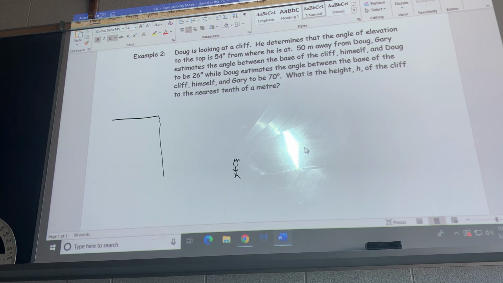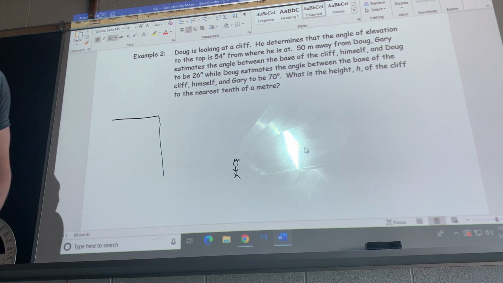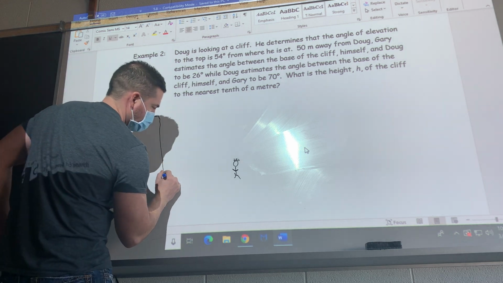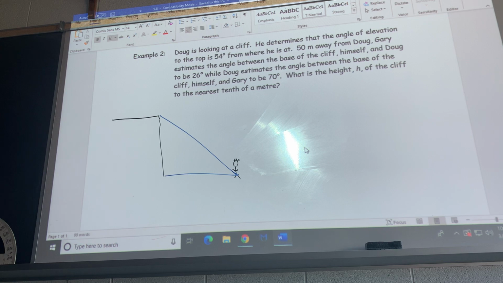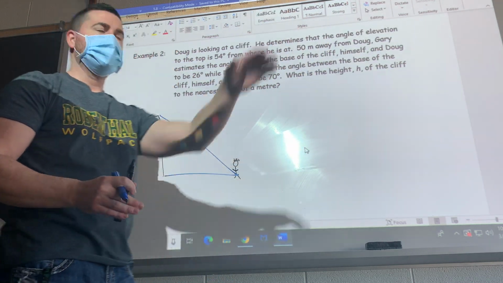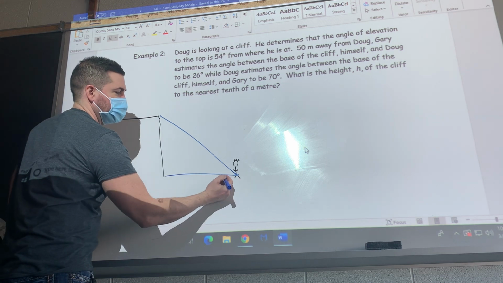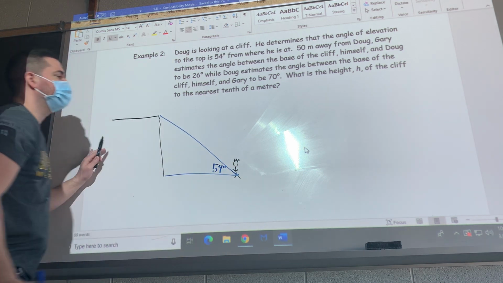He determines that the angle of elevation to the top is 54 degrees. Must be a pretty smart guy to do that. So remember, the angle of elevation goes from the horizontal up to an object. So from the horizontal up is 54 degrees.